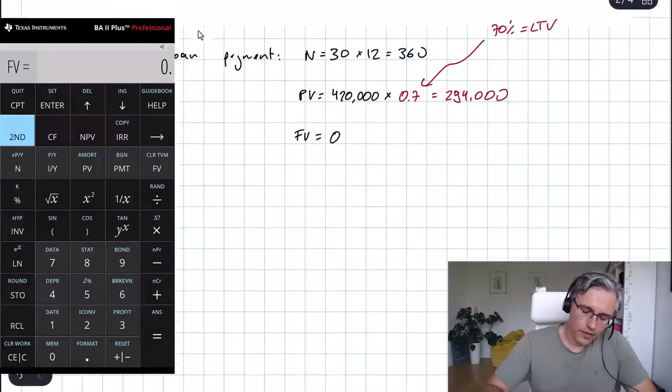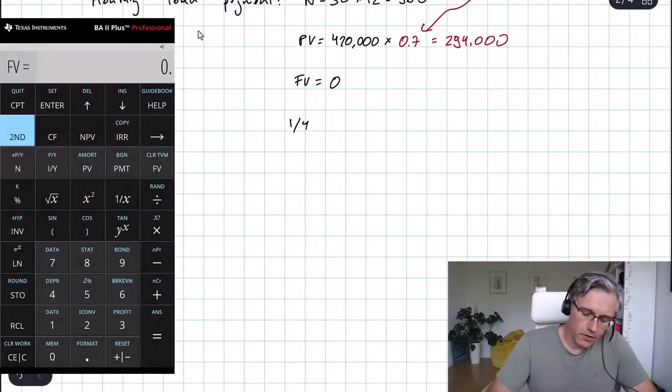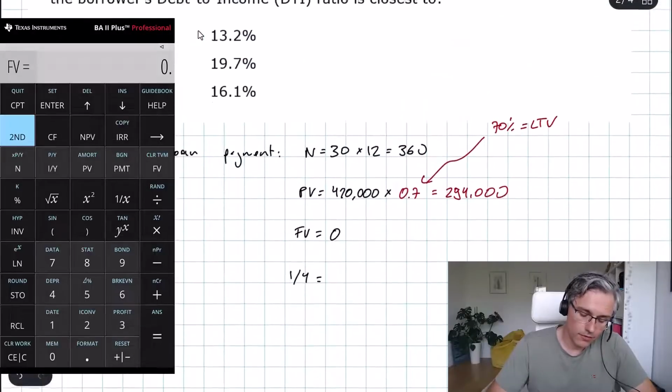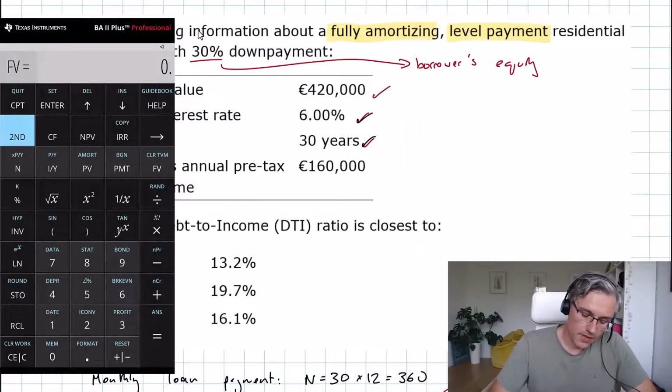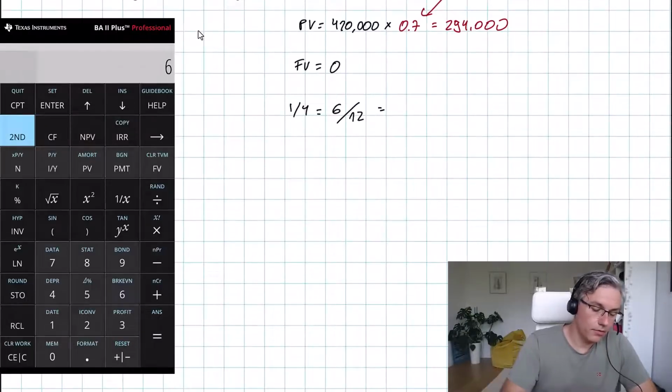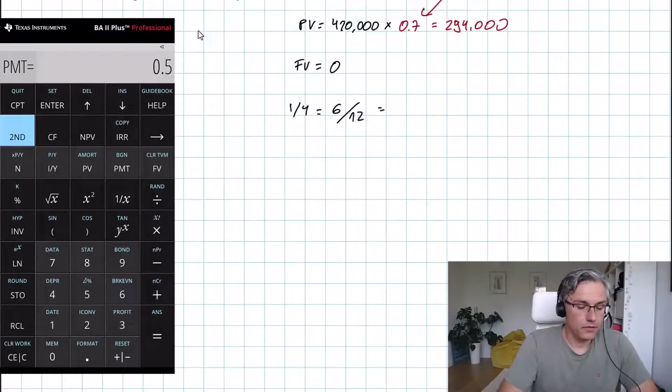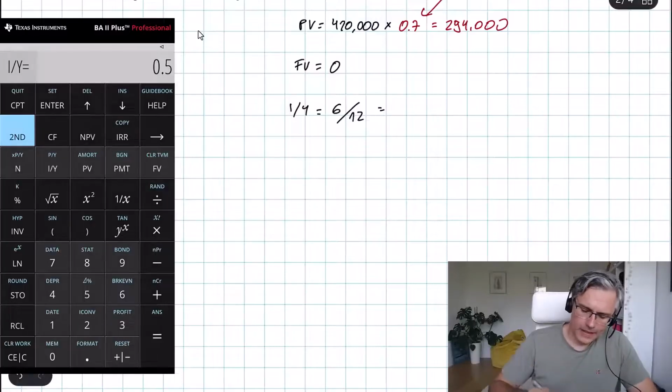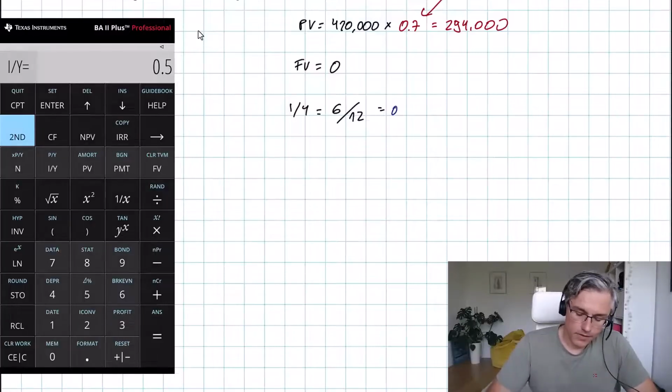I need to provide the calculator with an input for I/Y, and that's going to be the interest rate on the loan, 6%, but scaled down to a monthly period, so 6 divided by 12, which should give half a percentage point, indeed, and make that my, not my PMT, sorry, my I/Y, 0.5.